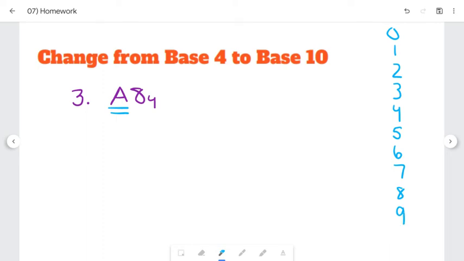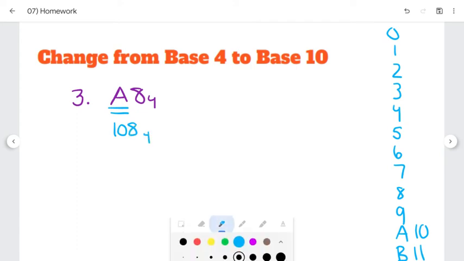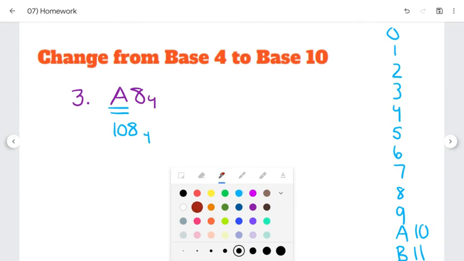But then A is 10, okay? B would be 11 and so on. So in this case, we're going to replace that A with a 10, and we're going to have 108 base 4. Once we have that all squared away, though, it's the same process.